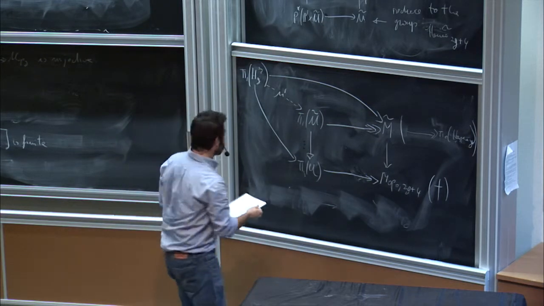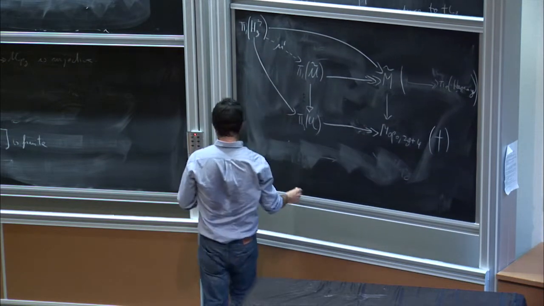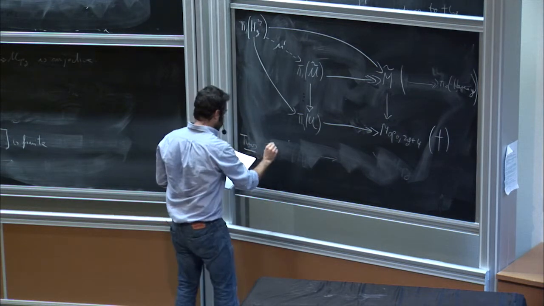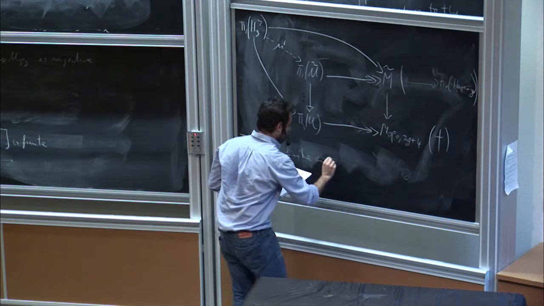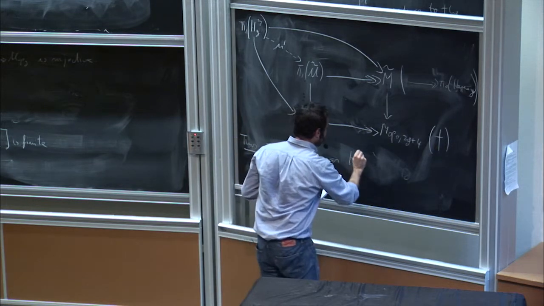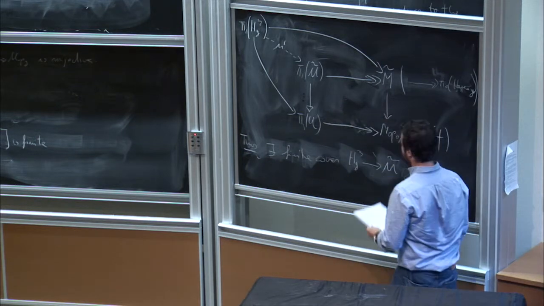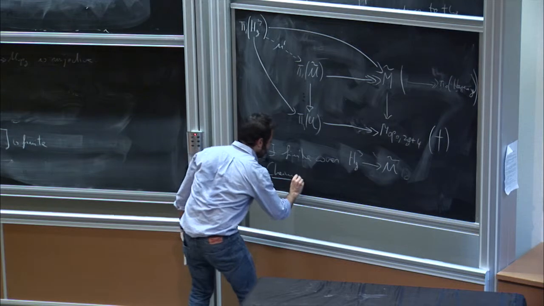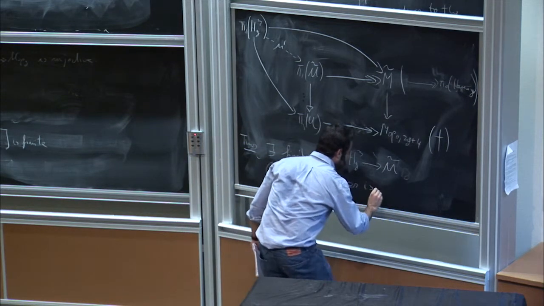So the upshot is that there exists a finite cover from H_{g,3} to U tilde, and I claim that this cover is an isomorphism.